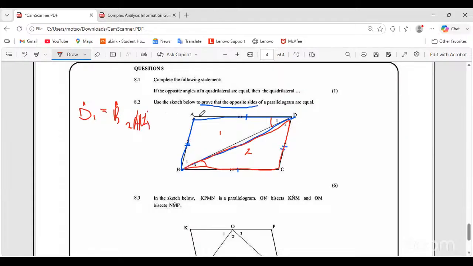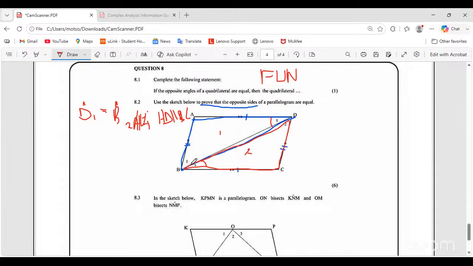Why? Because AD is parallel to BC. So remember, guys, when you use that maths is fun technique, corresponding, co-interior angles and alternate angles, you also must state the parallel lines that you are working with. I hope this makes sense to you guys.